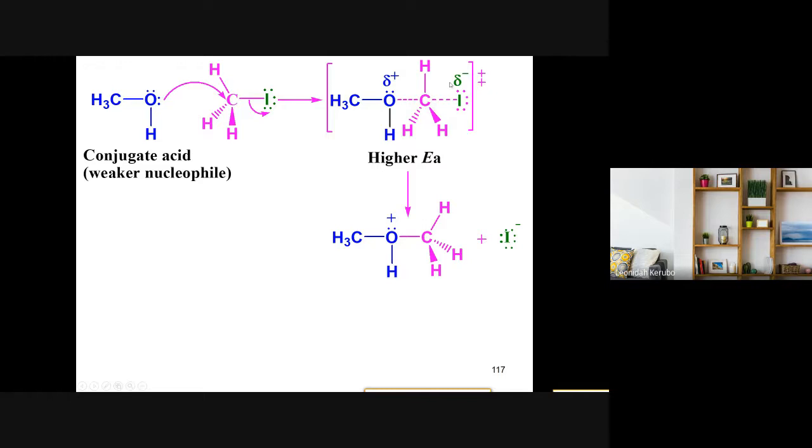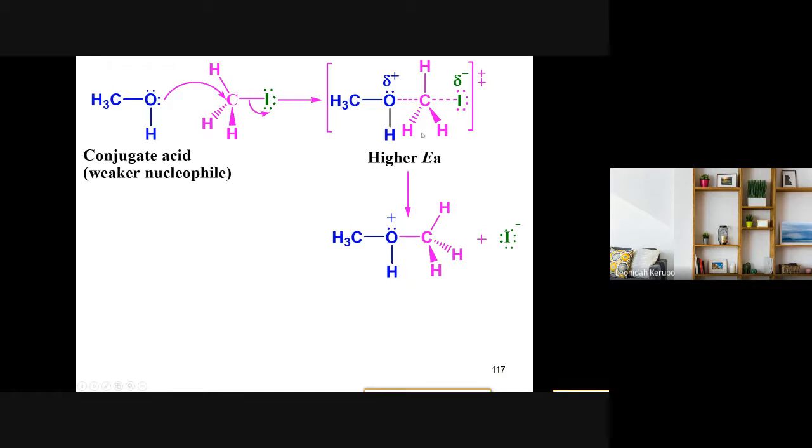But of course, it's being stabilized by the iodine atom, which is negatively charged, just as in the other case. So it's only being stabilized by the iodine atom, but not by the oxygen atom. Of course, that means it is not as stable as the transition state when the conjugate base is used. So that's why you see this one has a higher activation energy as compared to when the stronger nucleophile is used.